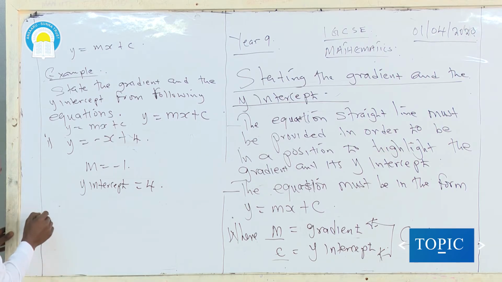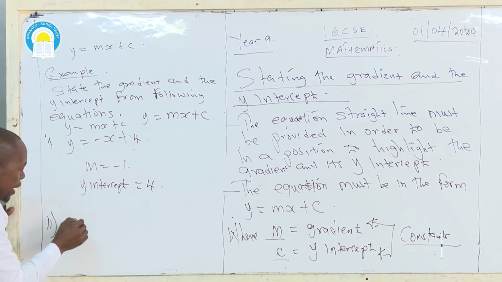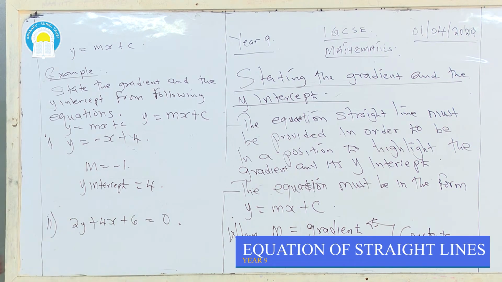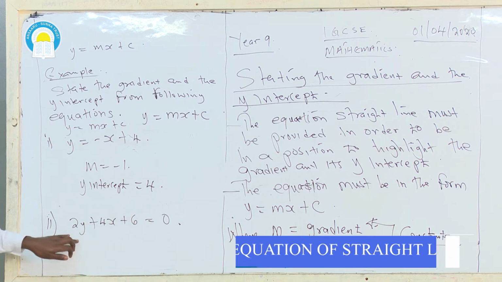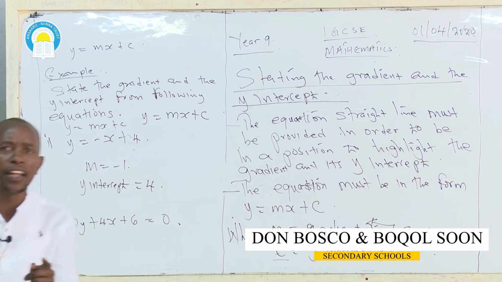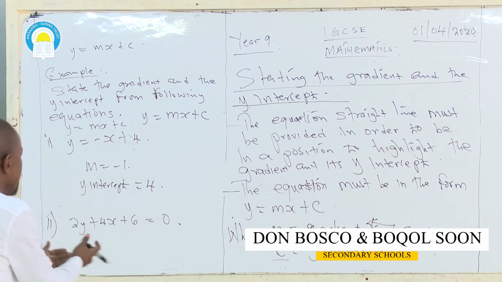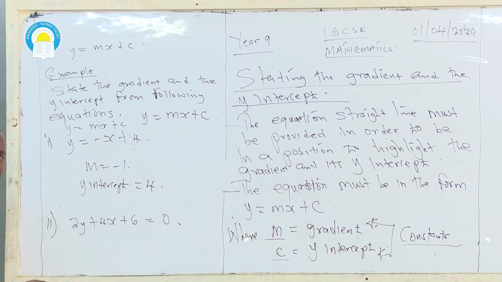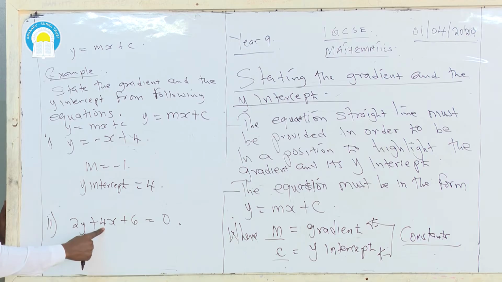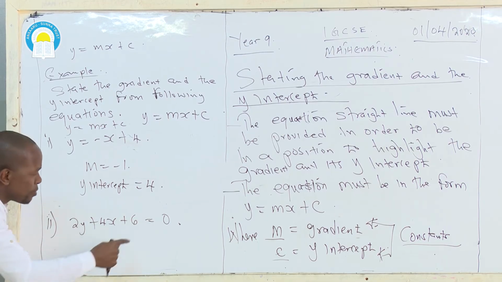Now, in Roman 2, you may be given 2y plus 4x plus 6 is equal to 0. You realize that equation has not been written in the form of y is equals to mx plus c. Don't jump to a conclusion and say m is equal to 4 and then say y-intercept is 6.